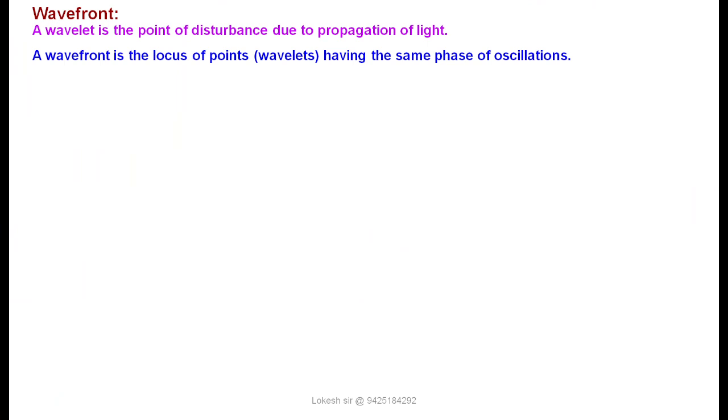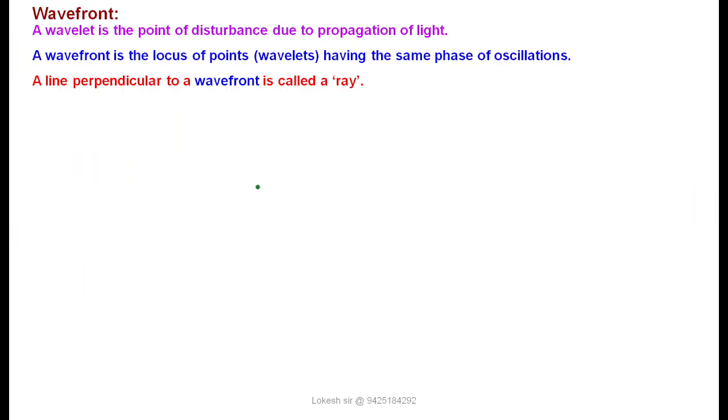These points are called wavelets. And a wavefront is the locus of points, means these wavelets, vibrating in the same phase. The collection of these points is called a wavefront. And the line perpendicular to the wavefront is called a ray.